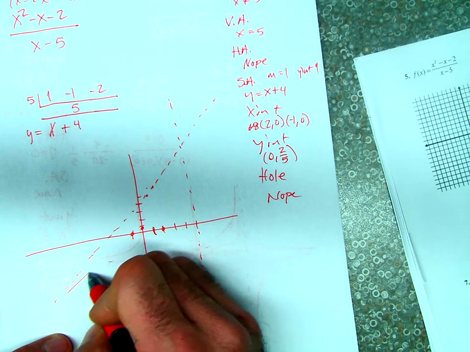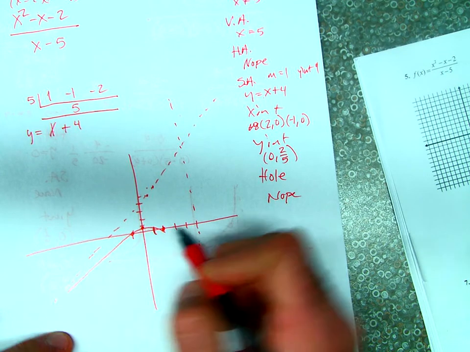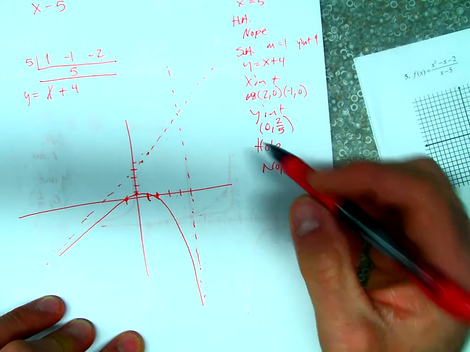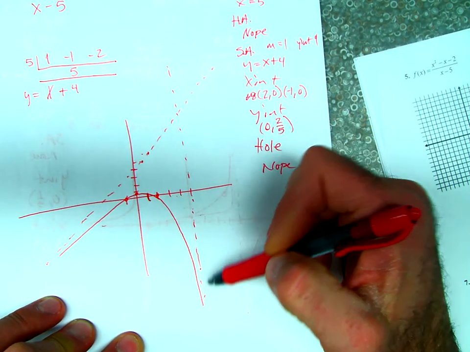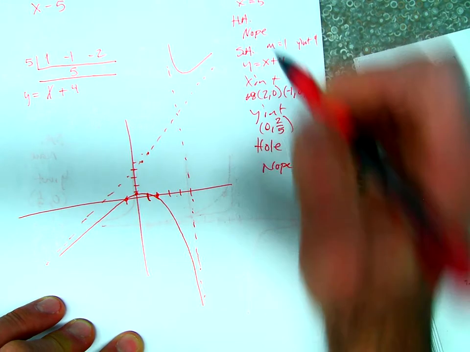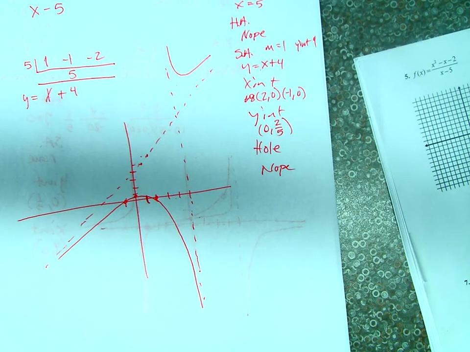It follows the asymptotes. It goes down. Is this asymptote even or odd? Odd. What does that tell me? It's up here. That is the function. Cool?